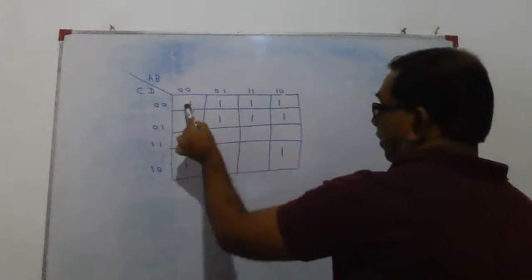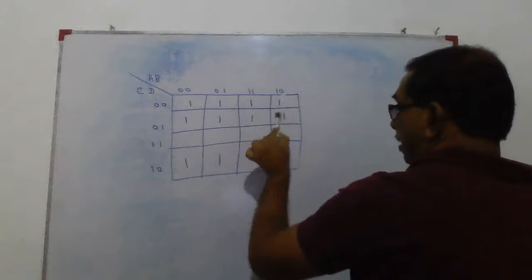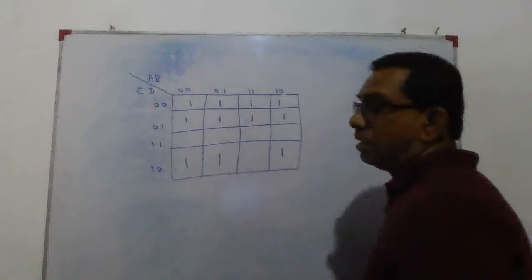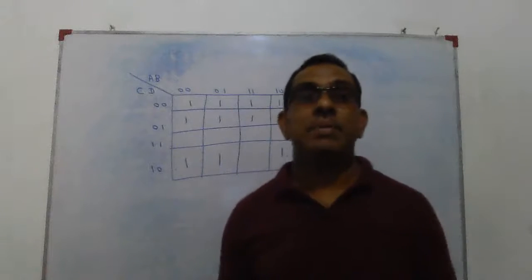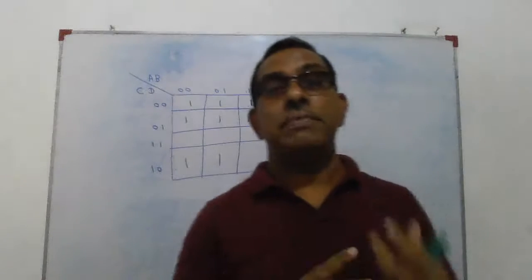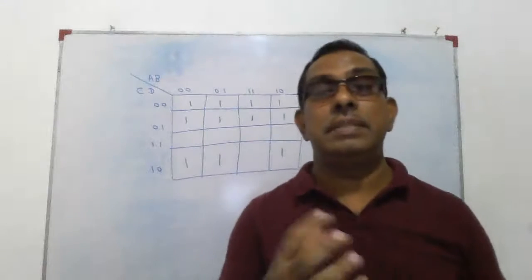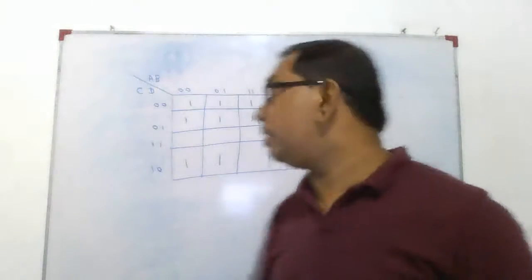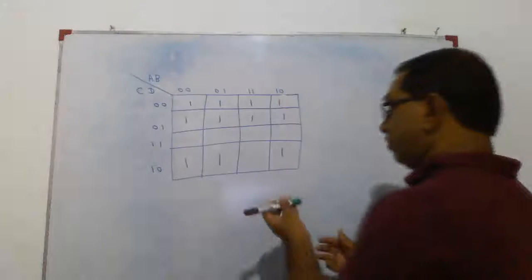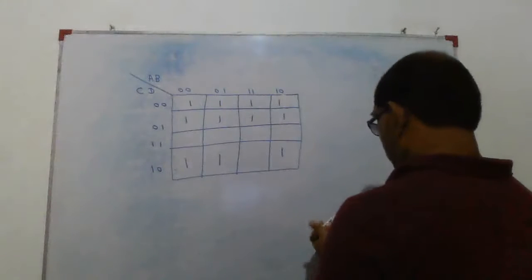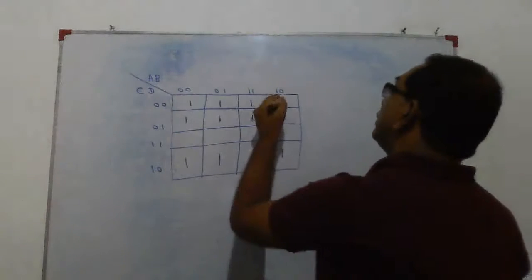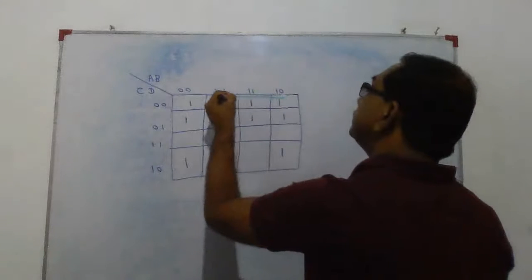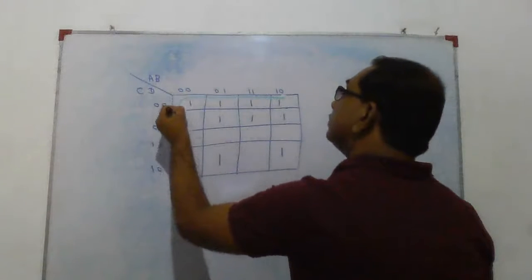I see 1, 2, 3, 4, 5, 6, 7, 8. So I have a chance of grouping 8 cells. So then I take it as one group. This is the first time we see a group with 8.